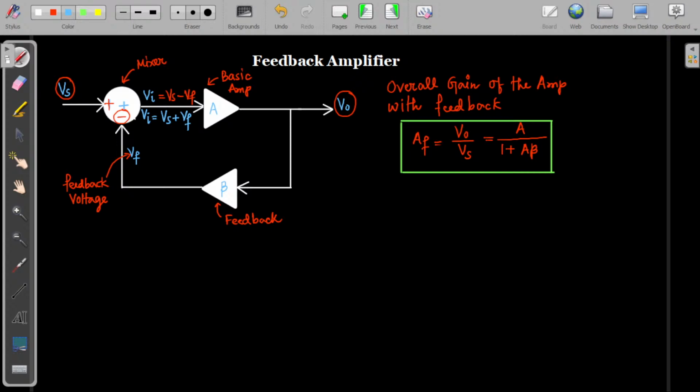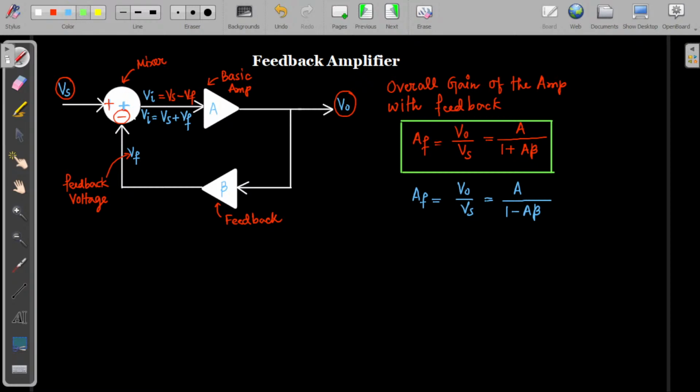We have seen that. So if Vi equals Vs plus Vf, if there is a positive sign here, then the overall gain AF will be equal to V0 by Vs equals A divided by 1 minus A beta. So if we use the positive sign here, then it will be 1 minus A beta.